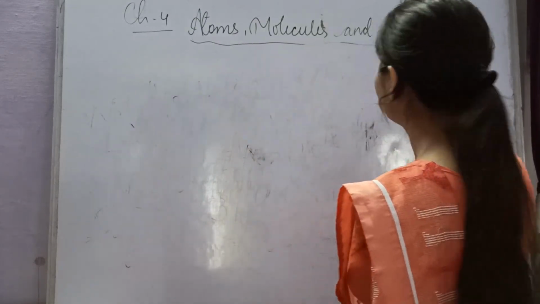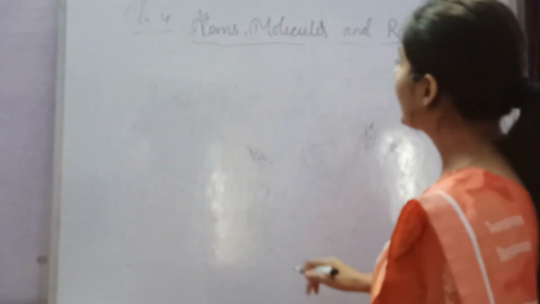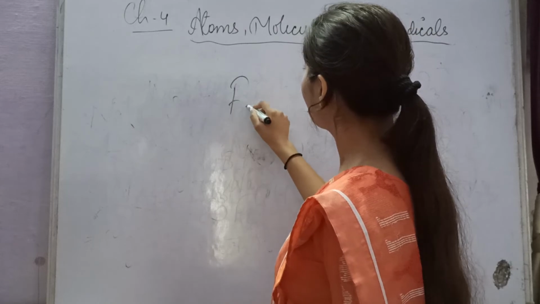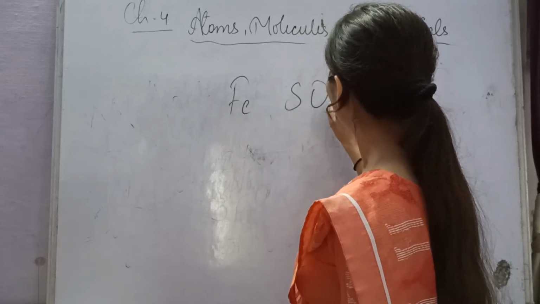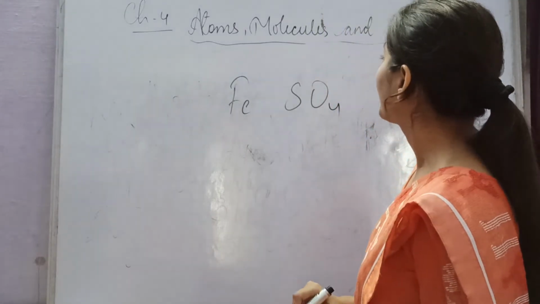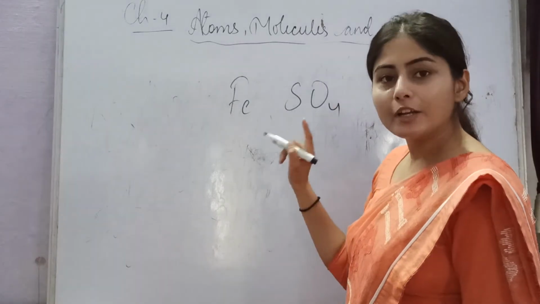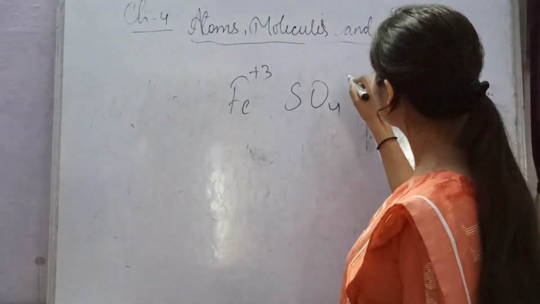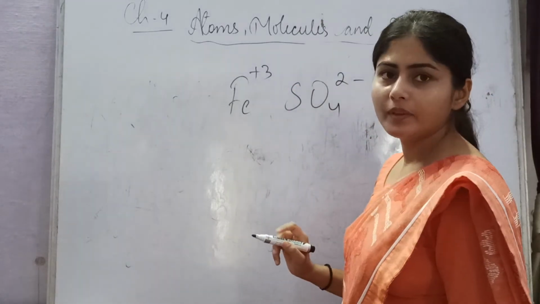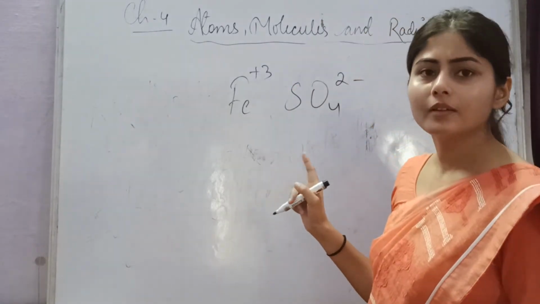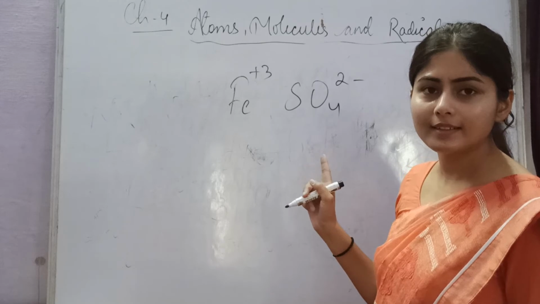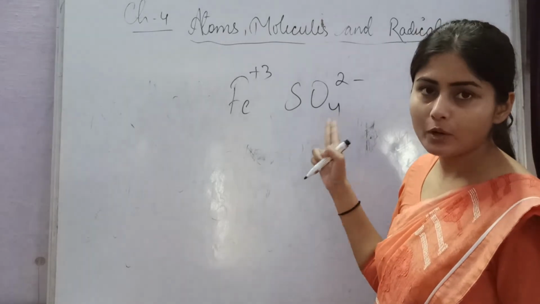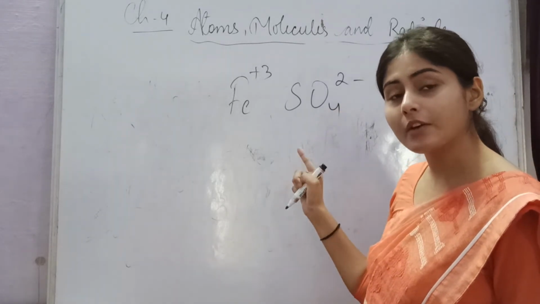So, iron sulfate, Fe and SO4. I told you the charge of iron is +3 and the sulfate charge is 2 negative. That we have done by cancelling the charges. The same compound we are going to form by transposing the valencies.